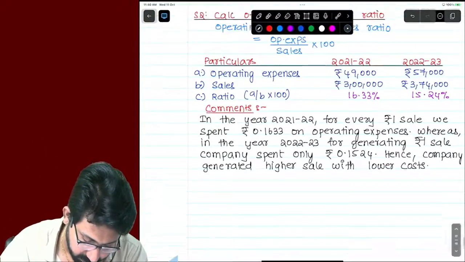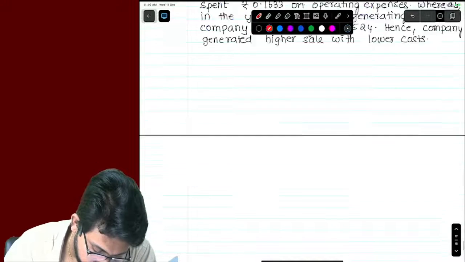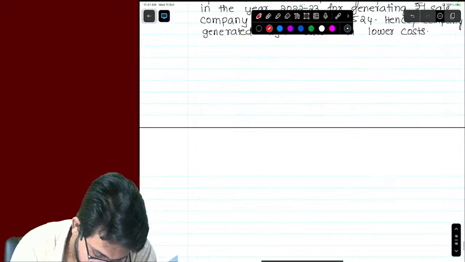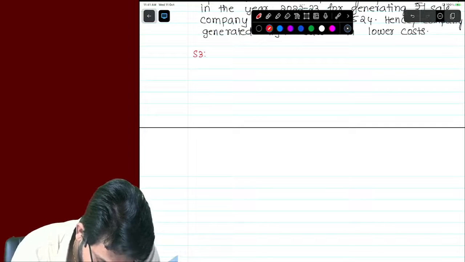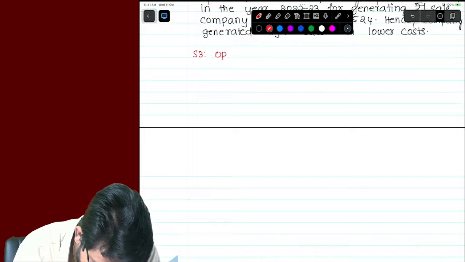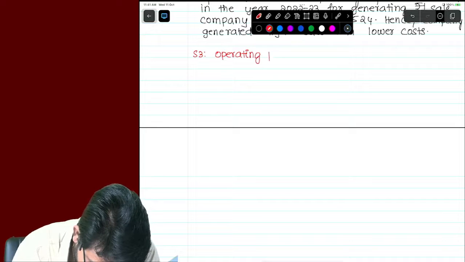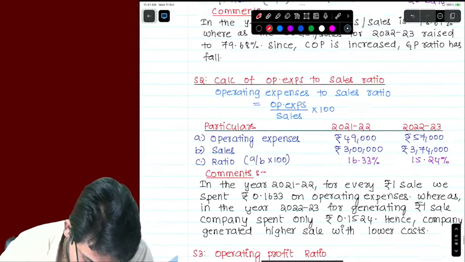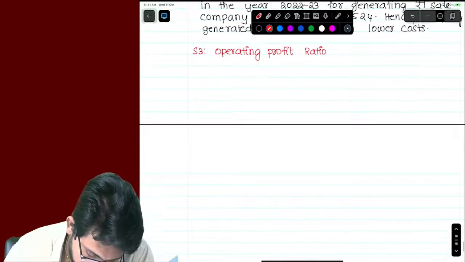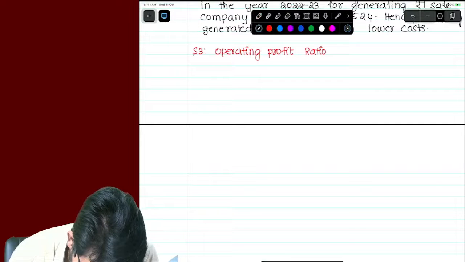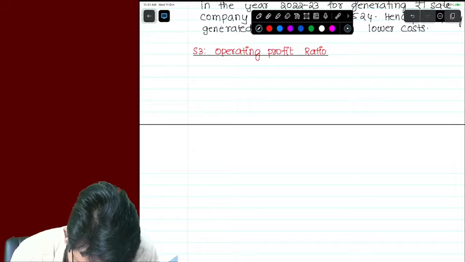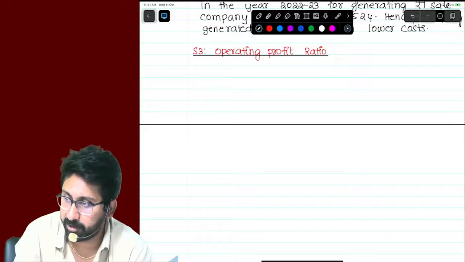Let's do step 3. Operating profit ratio.